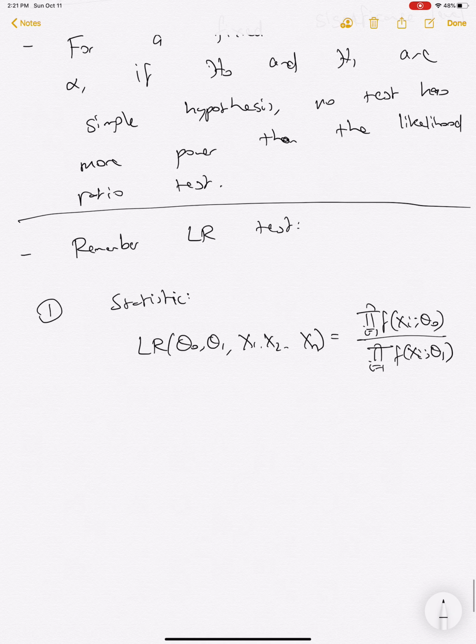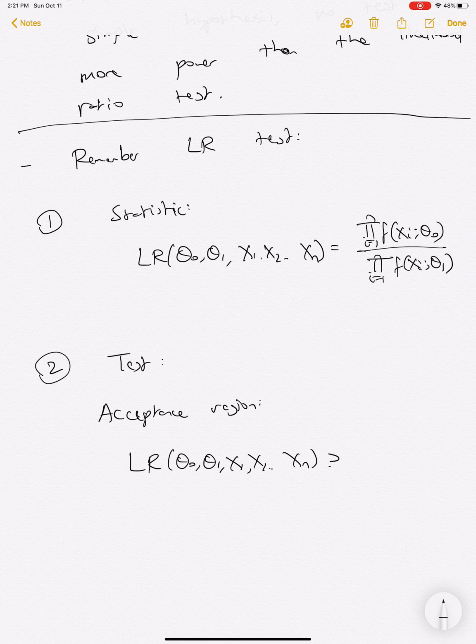Okay, so this is the likelihood ratio test statistic, and the actual test acceptance region is just the likelihood ratio that should be bigger than or equal to C, because we're more likely to favor H naught, and so the acceptance region just means you accept H naught.